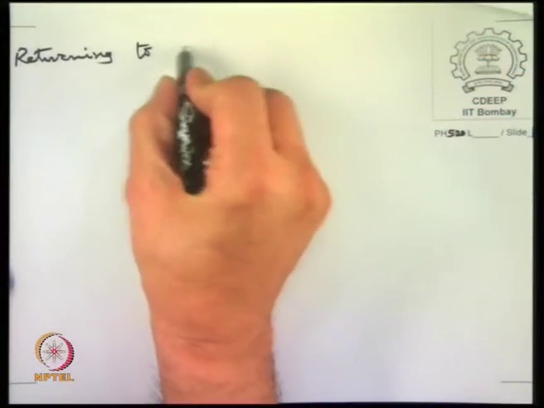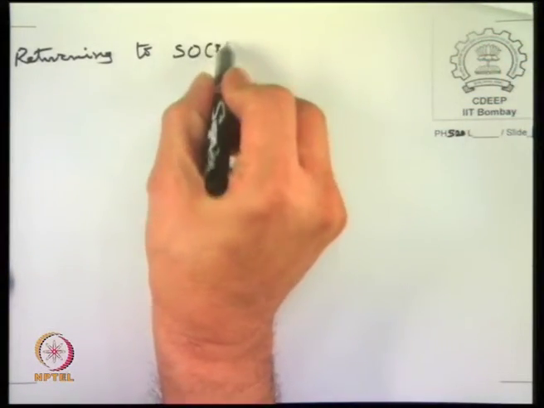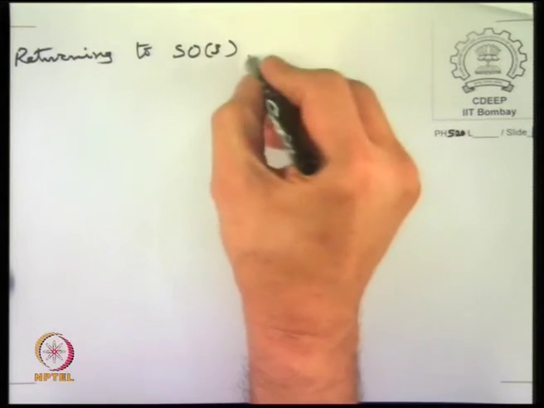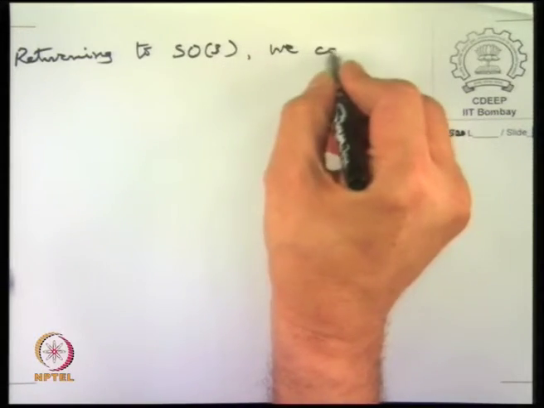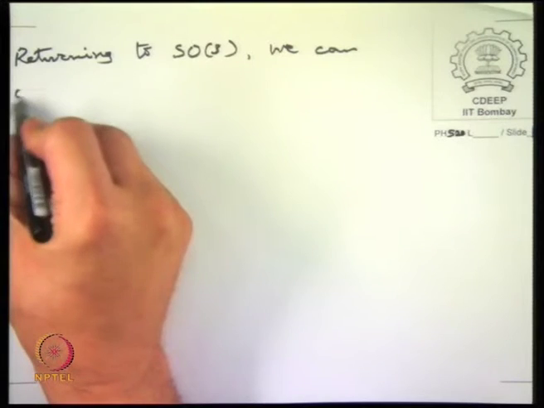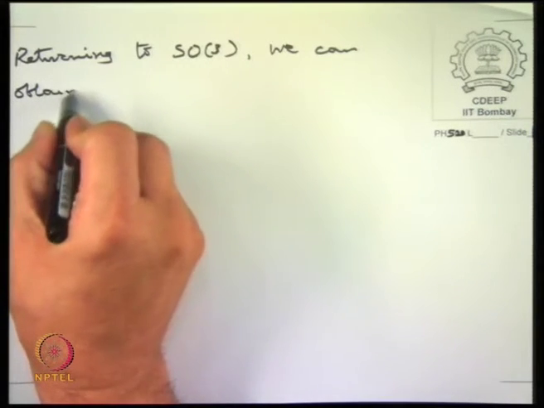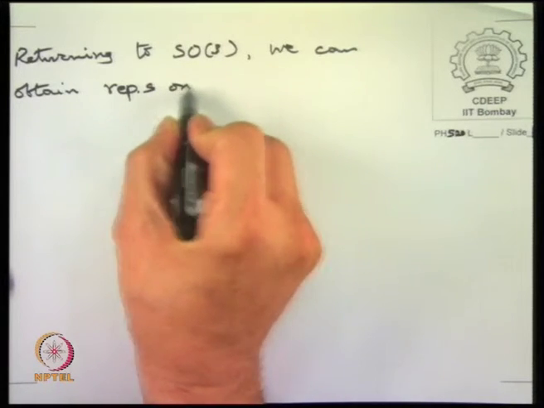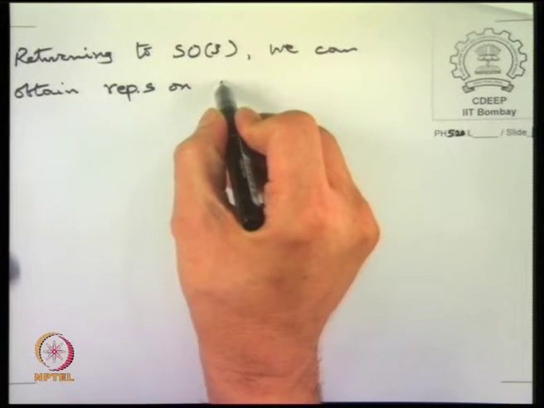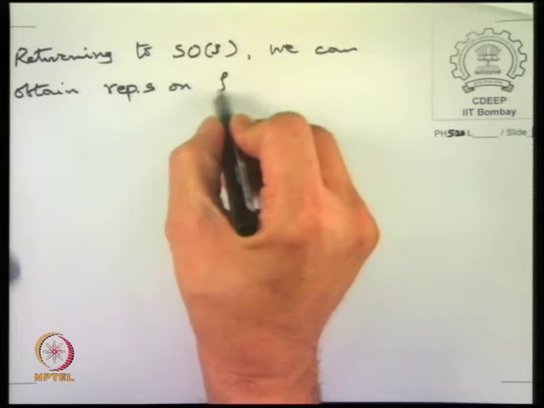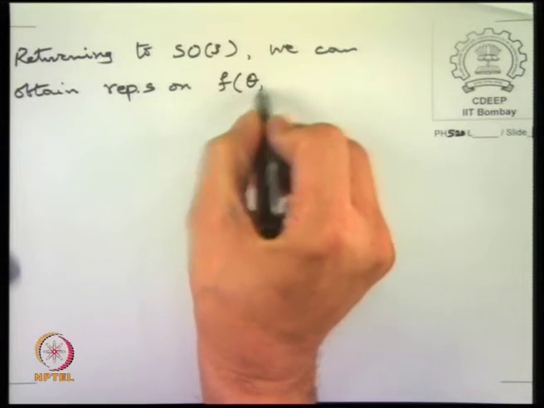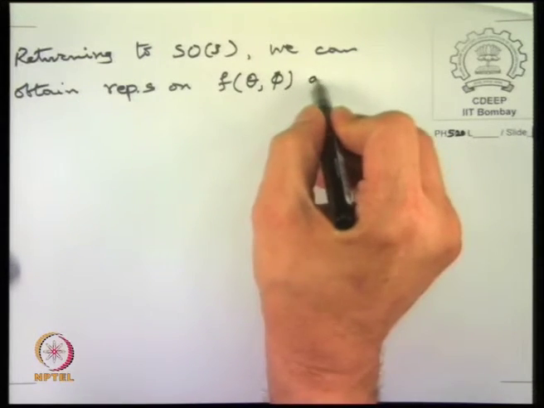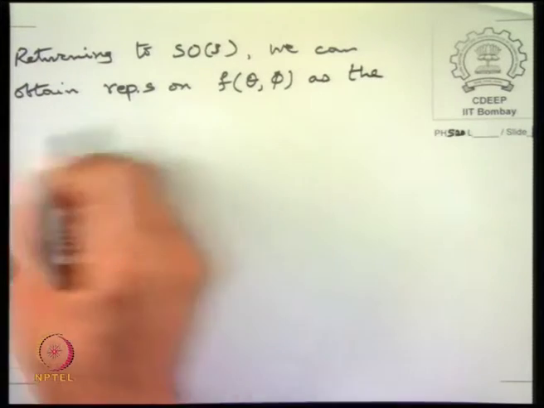So returning to SO3, we can obtain representations on functions of theta phi as the carrier space.